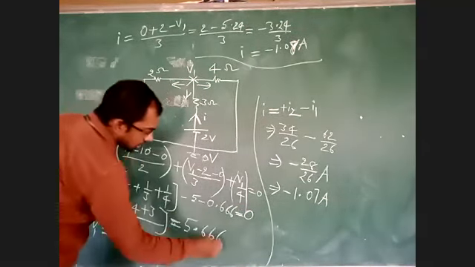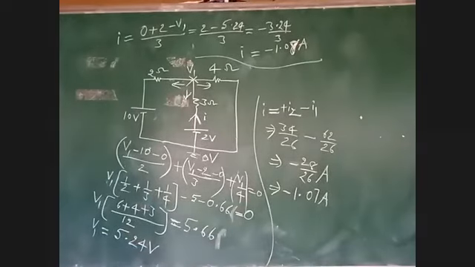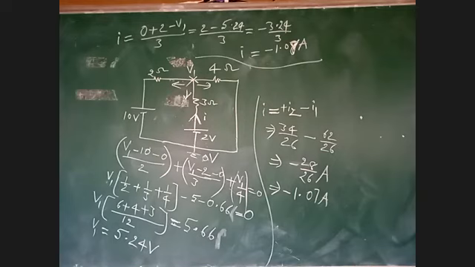Otherwise, you can take 0.666. That's why I'm getting the difference, 1.08 and 1.07. In this way, we verify whether you use mesh analysis or nodal analysis, whatever it may be, you have to get the same answer, the current value in that branch. In the problem, he is asking to determine current I in that particular branch.